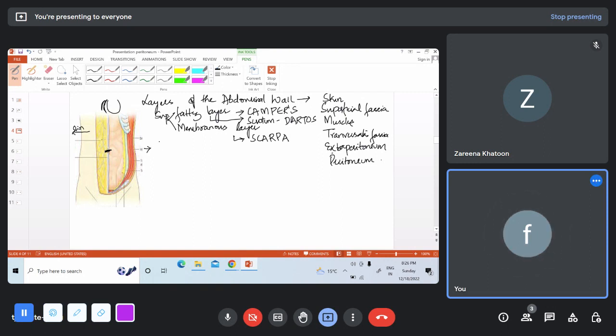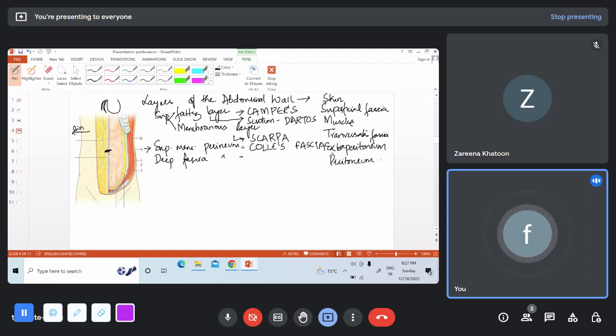Similarly, the superficial membranous layer of the perineum is called as Colles fascia. What do we call this? Colles fascia. Important. Then they will ask you in the exams. Okay. Similarly, the deep fascia of the perineum. What do we call this fascia as?